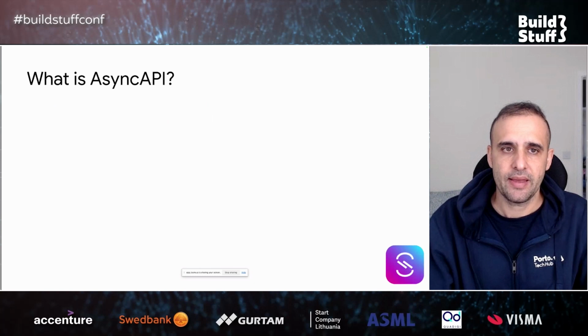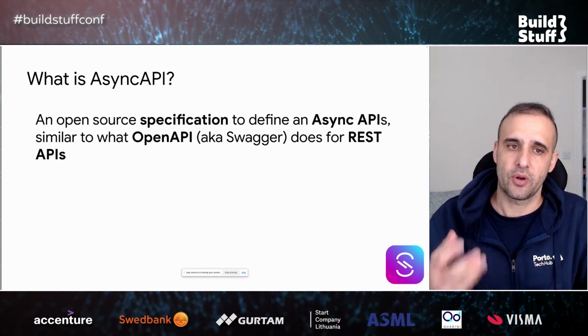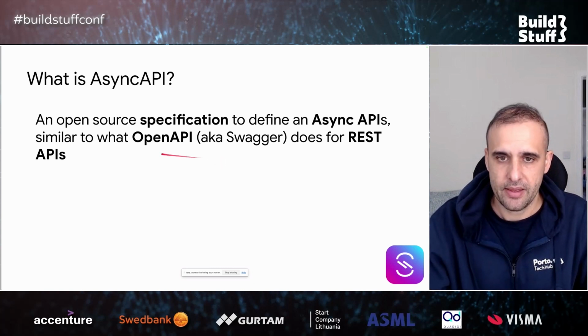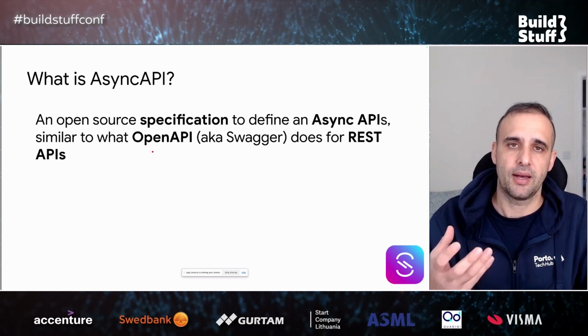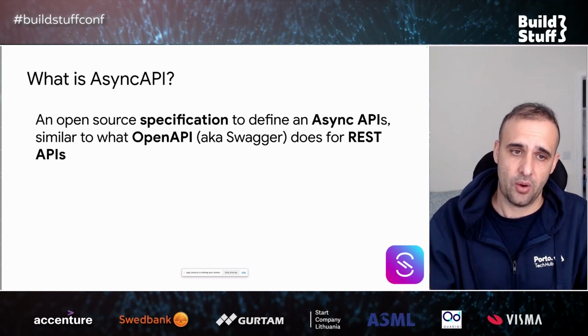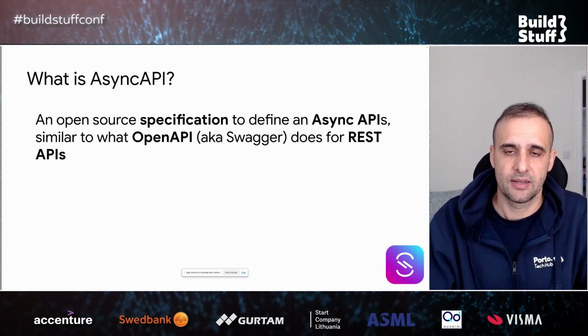Now, AsyncAPI is another open source specification, and it's a specification to define asynchronous or event-driven APIs. If you're familiar with OpenAPI, which is a way to define your HTTP or REST APIs, it's similar to that, but it's for event-driven APIs.